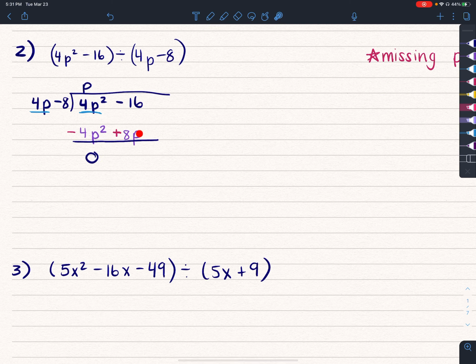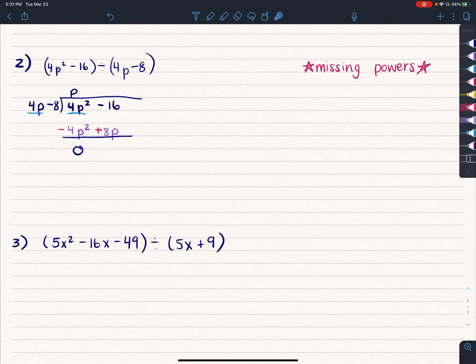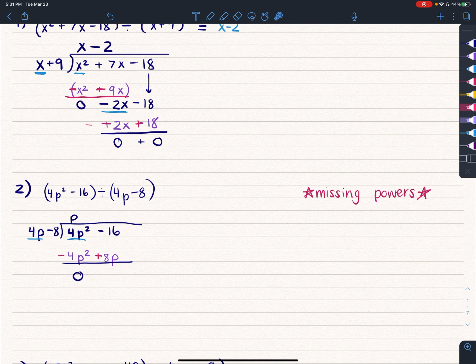But these here don't match. This is a constant, and this is a term with p. If we look up here, when we did that multiplication by x, we did x times x and got x squared, and then x times 9 and got 9x. The 9x was sitting directly under the 7x, and those matched.